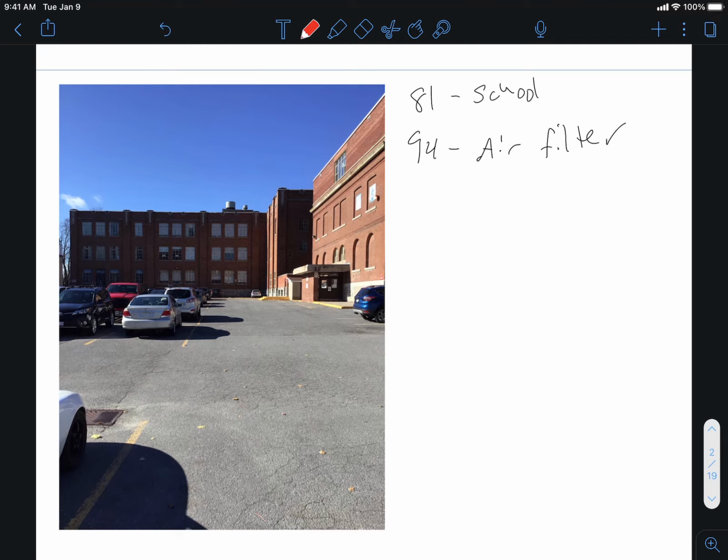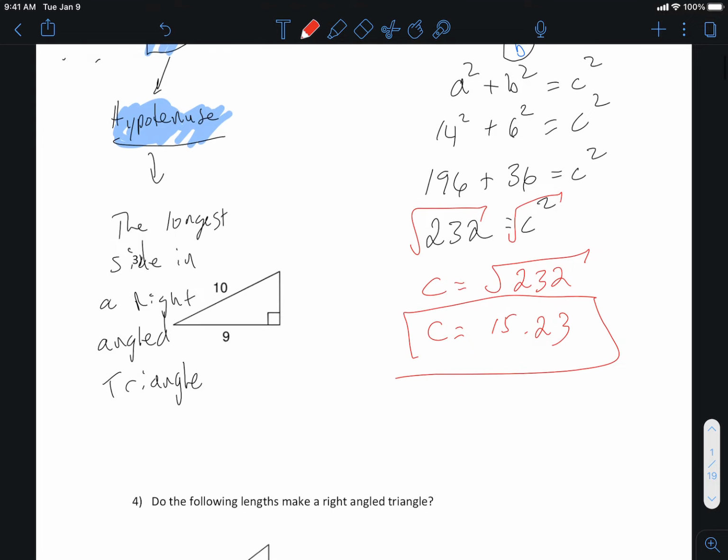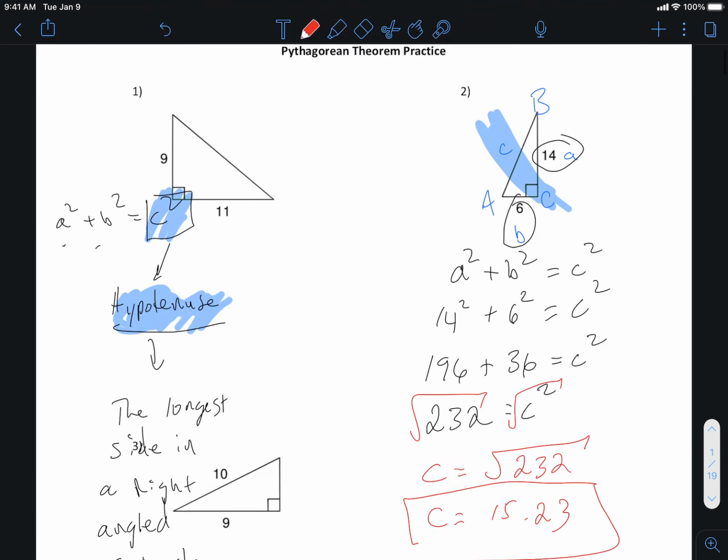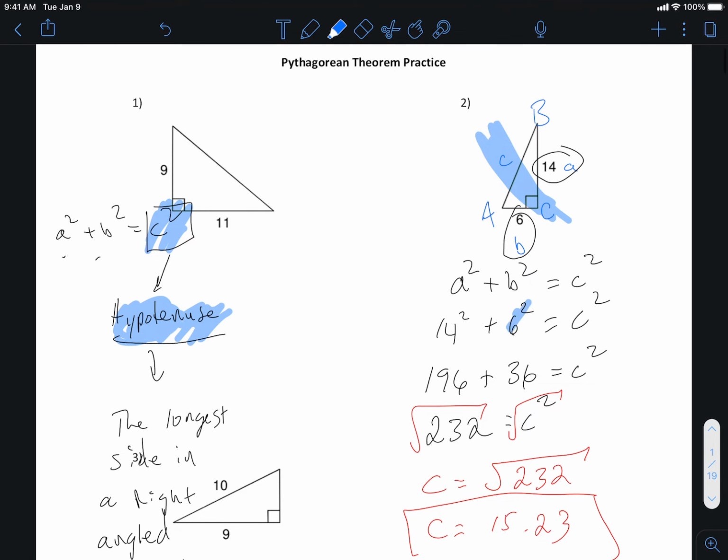How did you get 36? Okay, 36, Dylan, comes from 6 squared. So if we type in 6 times 6, that's 36, right?